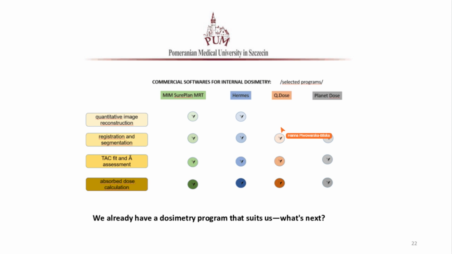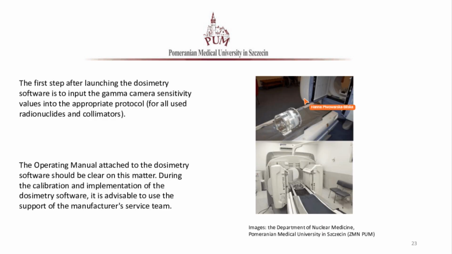So we have a dosimetry software. What should we do next? When it comes to Poland, 4 softwares are most important: MIM, Hermes, QDose, and Planet Dose. They do not reconstruct the cross sections independently as the dosimetry softwares do, so you need to provide the software with the reconstructed files.